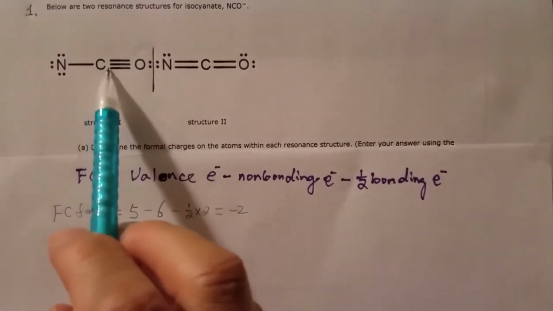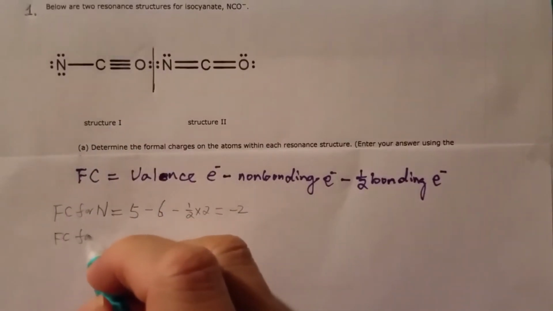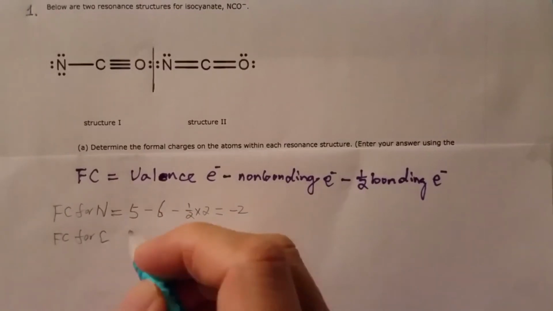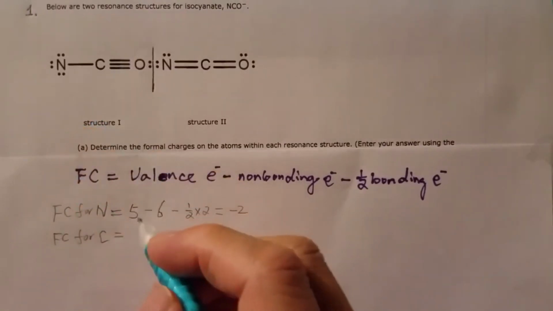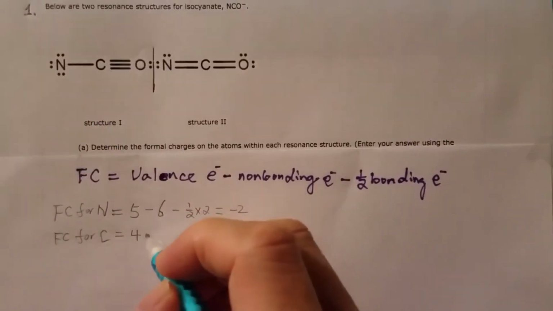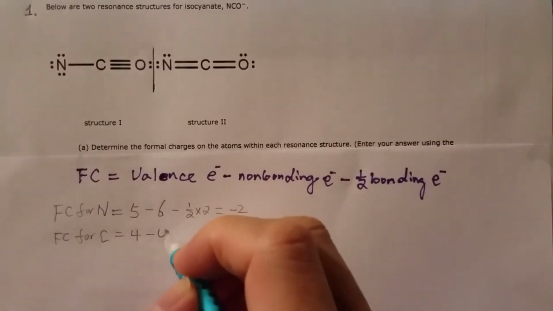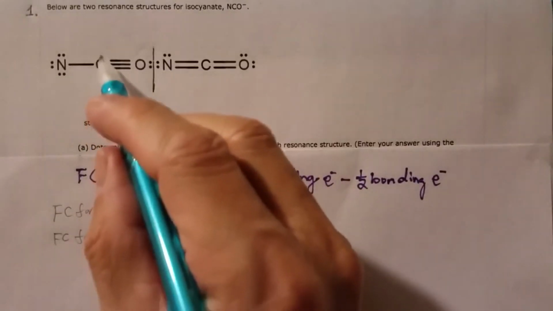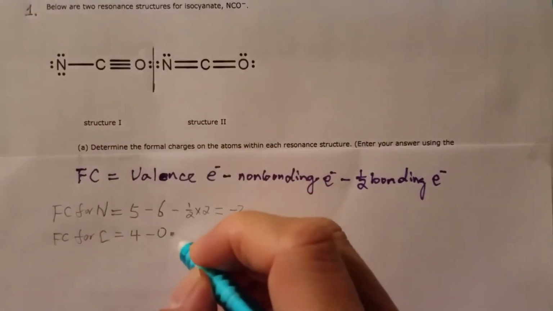Now we'll do the same for carbon. The number of valence electrons, that should be 4, because it's in group 4A. Number of non-bonding electrons, 0. There are no lone pairs whatsoever.